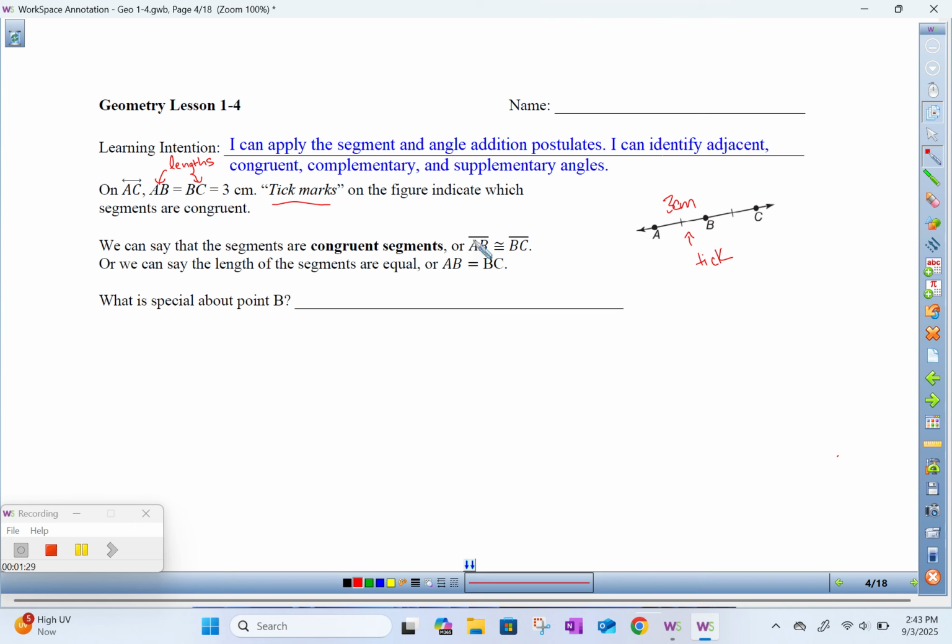We can say segment AB is congruent to segment BC, or the length, remember without the symbol, the length of AB is equal to the length of BC. So these tick marks show that on the picture. So I've got 3 centimeters here, but since I have the tick mark, I don't really need to write it again. Now, because there's a tick mark on either side of B, that makes point B the midpoint of the segment AC.